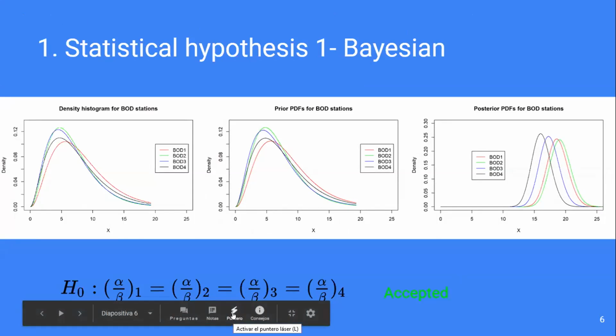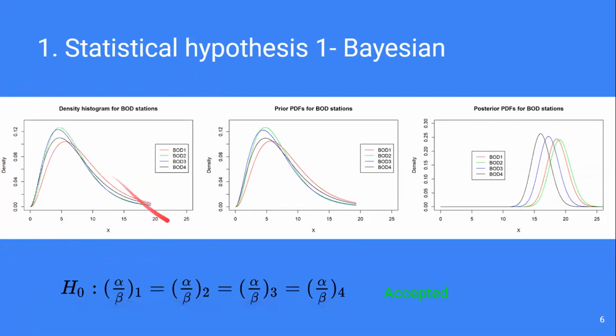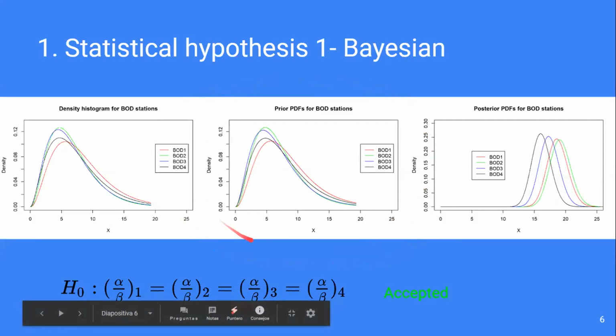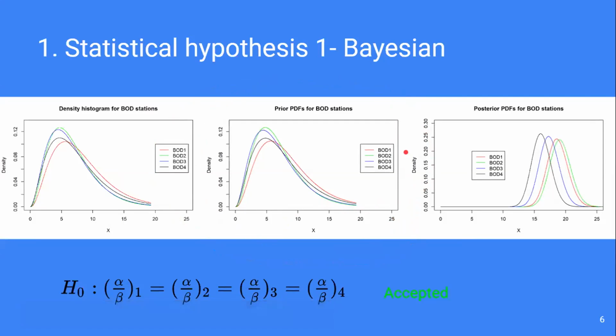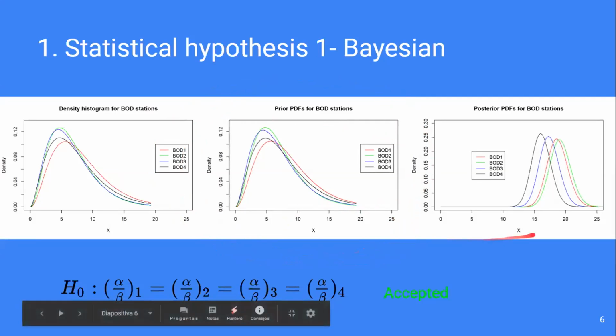Here we have the first graph. We have the likelihood function, which is gamma, as we said, for the 4 stations. Then we have the conjugate prior, which is gamma also, and its value for the 4 stations. And then we have this posterior PDF graph for the 4 sampling points.